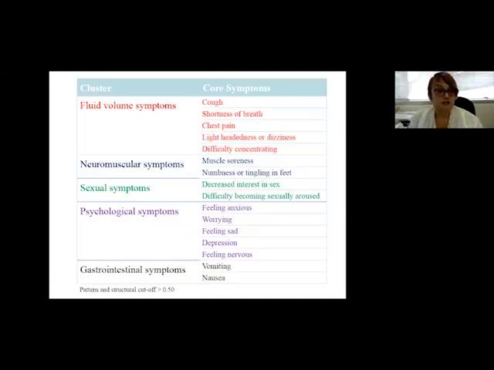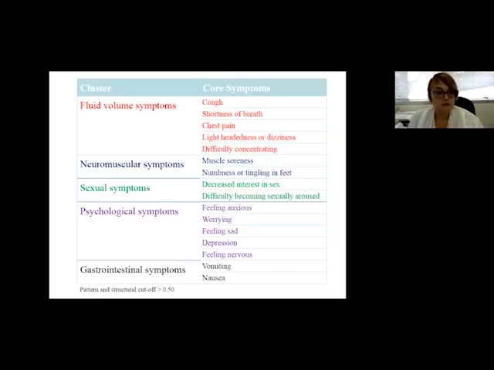The first cluster is around fluid volume symptoms. So if you have one of these symptoms, you're more likely to have the others. So for example, shortness of breath. You're more likely to have these other symptoms, and they're all related to fluid volume. Makes sense.